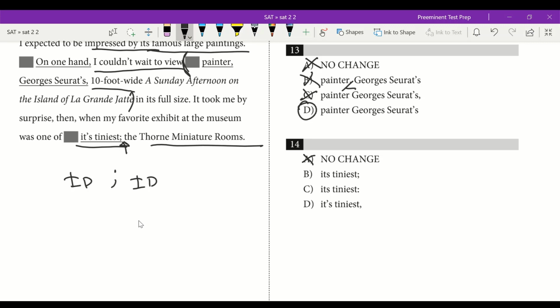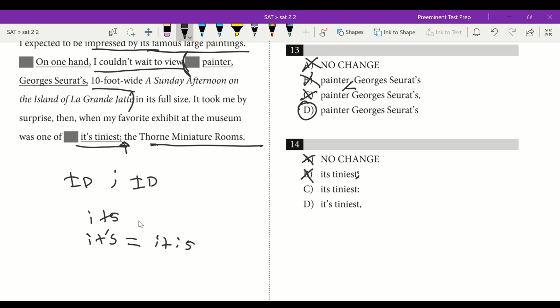Now I'm looking at B. Well, B also has a semicolon, so I can get rid of that. Now I'm looking at C and D. If I were to say its tiniest, we have its and we have it's. Our it's with an apostrophe is it is, right?